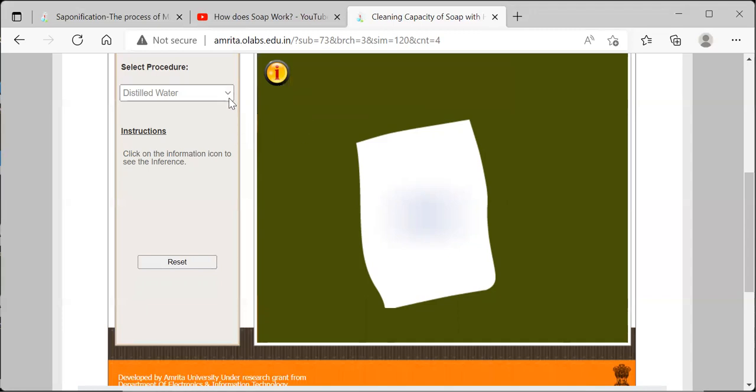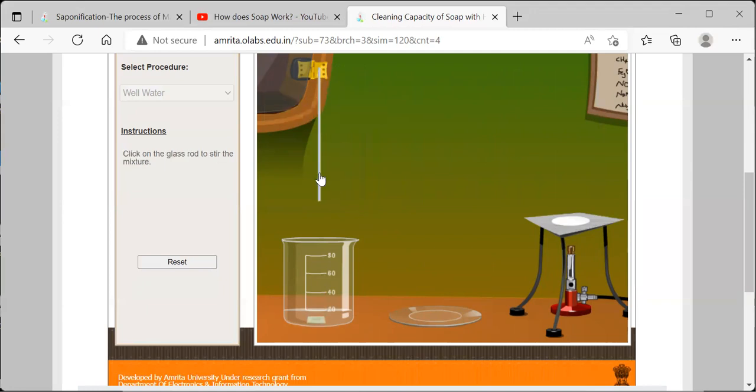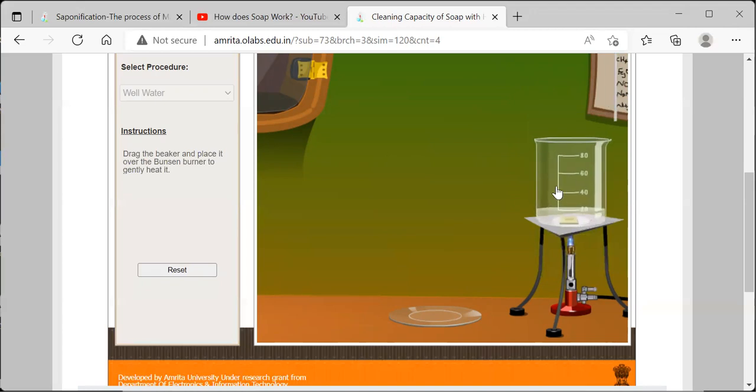Let's move on to the next sample, which is the well water. We're going to start with the same first few steps. We're going to take some soap and put it in well water. The glass rod is going to help us solubilize some of this soap. To completely solubilize that soap, we are going to warm up the solution.